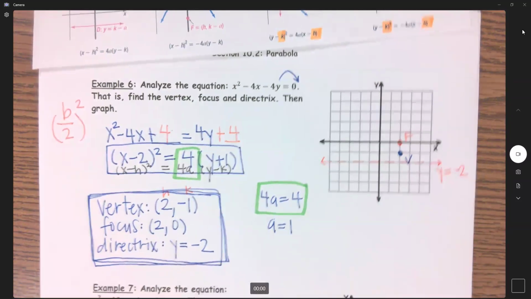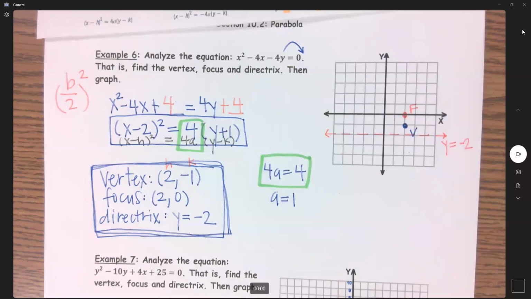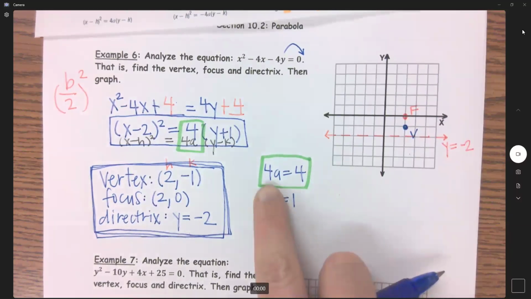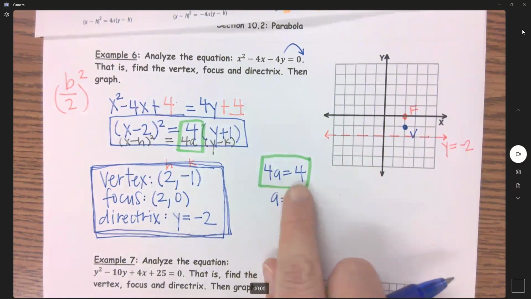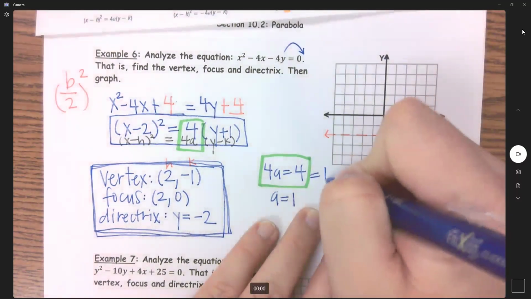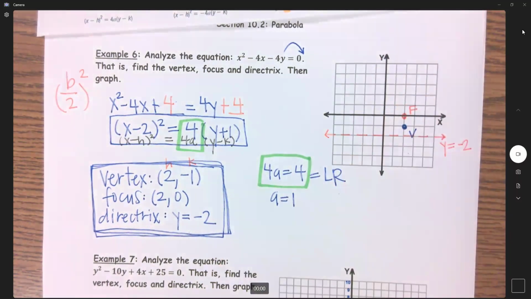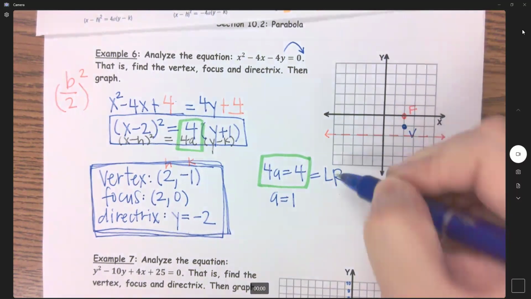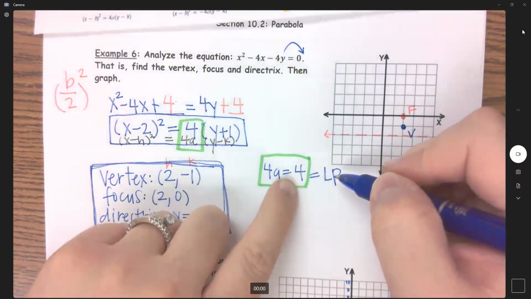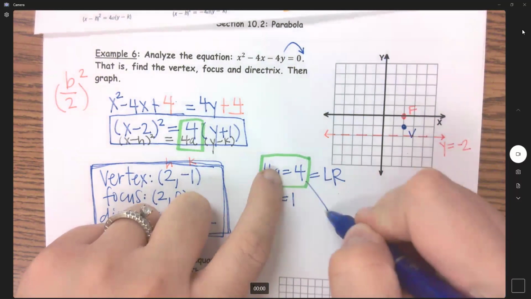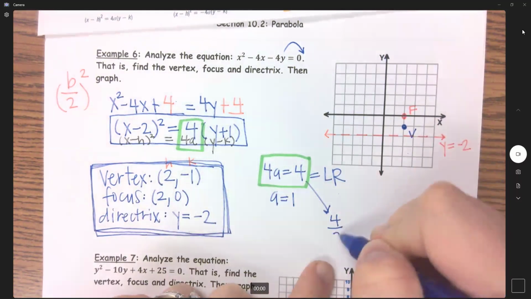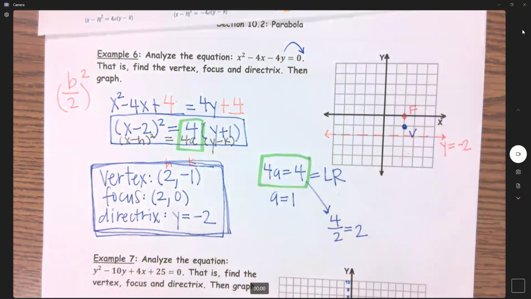Okay, then the last thing I need is my latus rectum length, and that is 4a. So if 4a equals 4, there is my LR. This is the total length. So I'm going to take that and divide it by 2 to get 2.